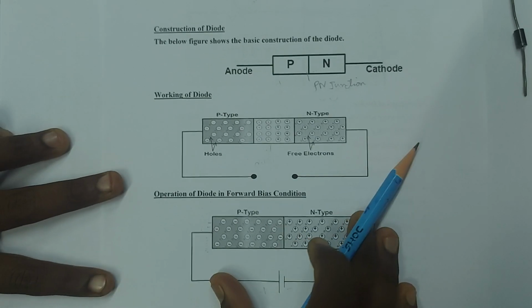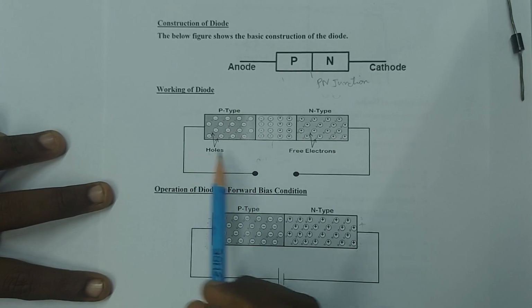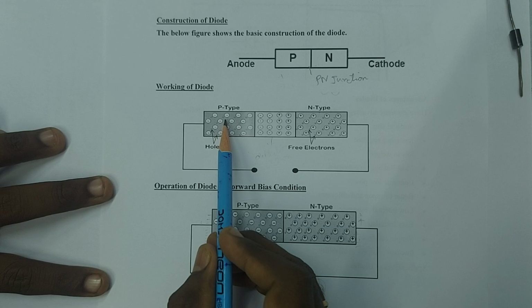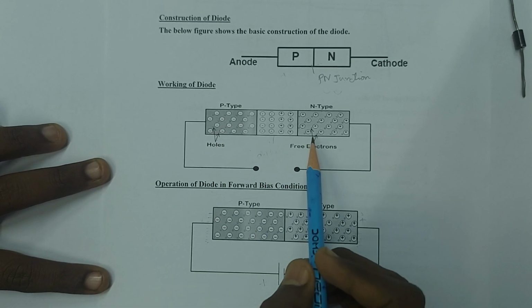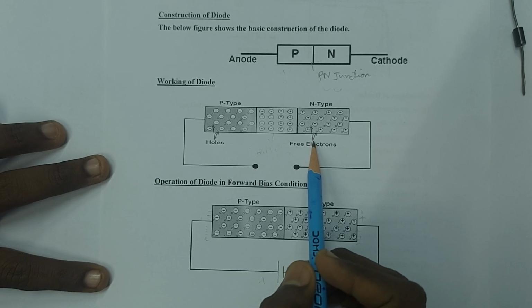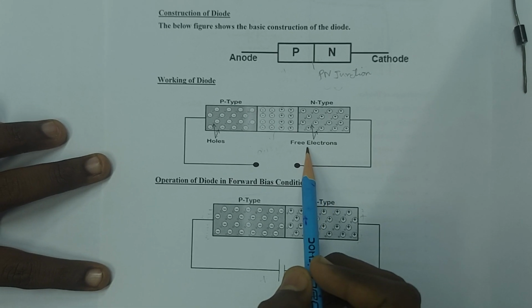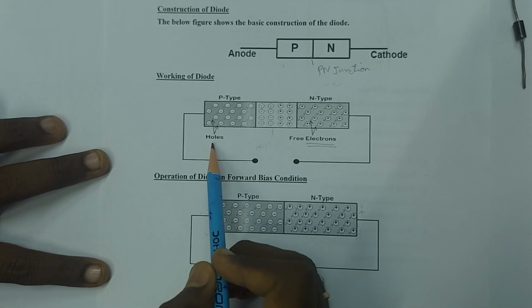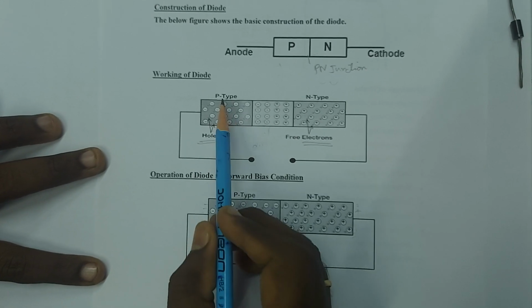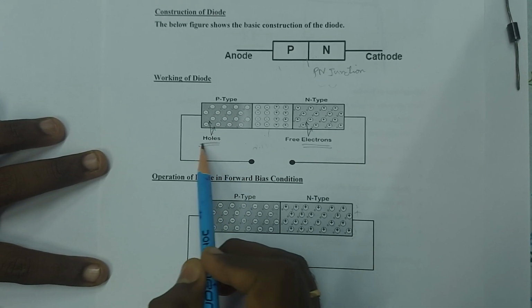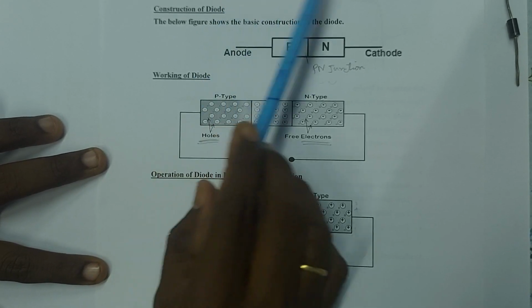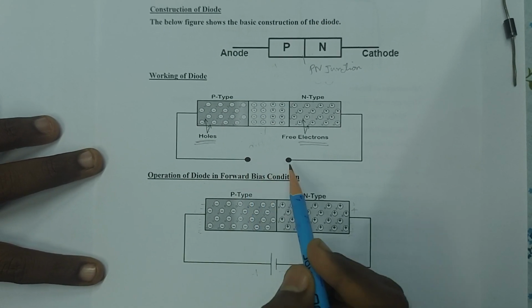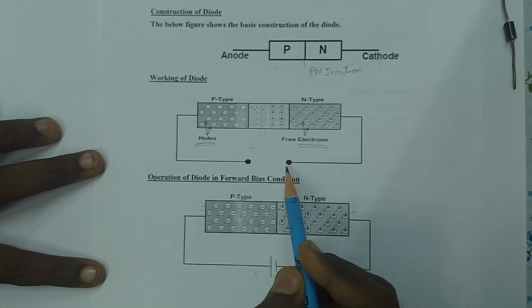Now let us see the working of the diode. I already mentioned that p-type material has more positive charge, and n-type material has more negative charge, which is nothing but electrons. On the other side, p-type material contains a large number of holes. The 2 terminals, anode and cathode, are ready to connect to the power supply.